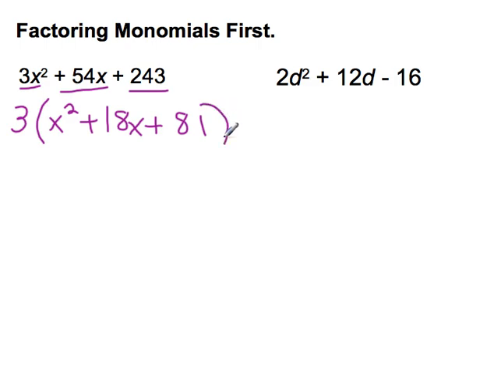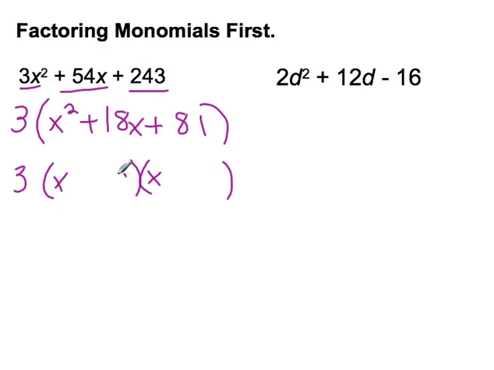Okay? So that is factoring out this monomial. 3 is the monomial. That's factored out first. Now I'm going to carry down the 3, and I'm going to see if I can factor this any further. Now this goes back to having just a 1 in front of the x, so this one's a little bit easier. We've got x and x, and you can just think factors of 81 that'll add up to 18.